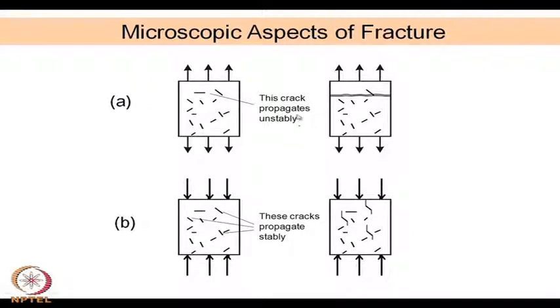This crack propagates unstably. Unstably means it is almost an instantaneous crack growth. So, these are very crucial and very critical, and if such cracks are there in large numbers, the material will immediately fail. Okay.